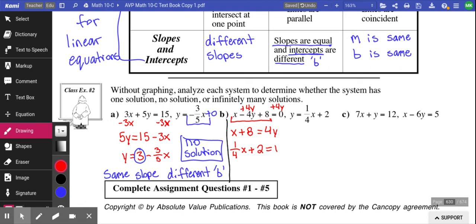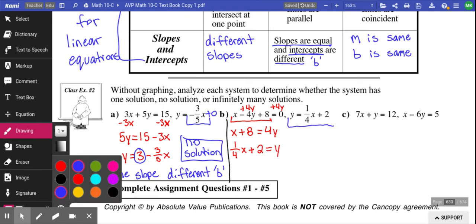Hey, there we go. Equals y. If I look at my second equation right here, and I determine that they both have a slope of 1 over 4 and a y-intercept of 2, I would realize that this is same m and same b. That's infinite solutions. Those are the exact same lines. That means they cross each other at all times. Right? Same y, same m, same b. That means same lines. That's an infinite solution.